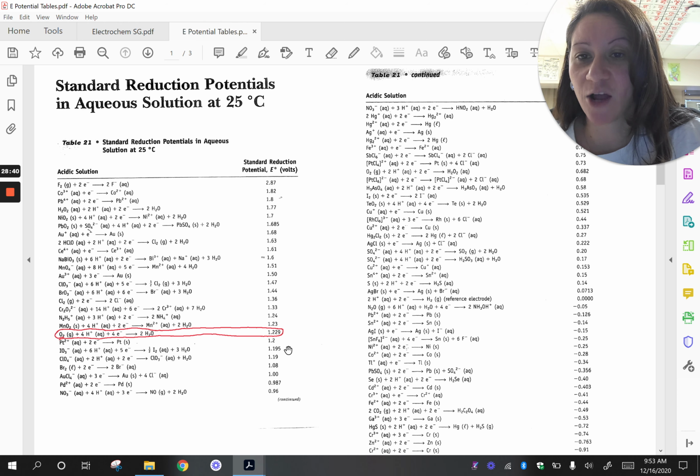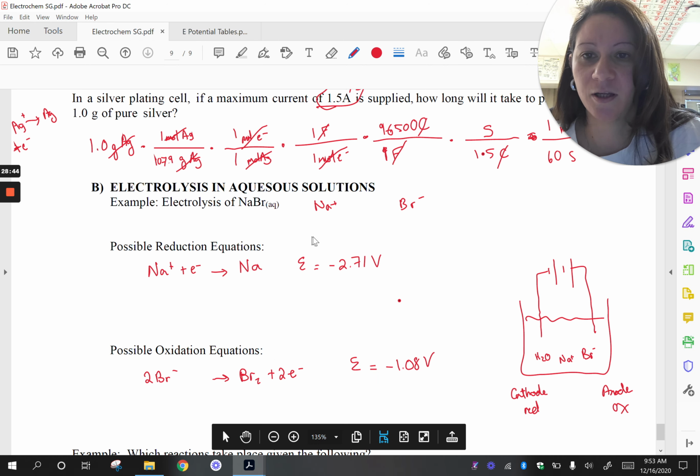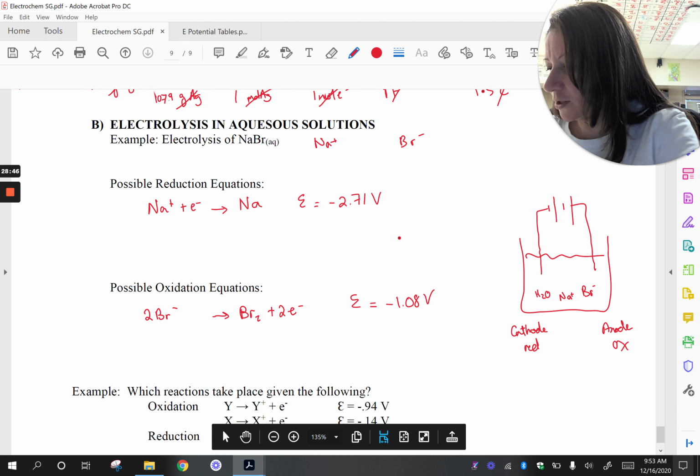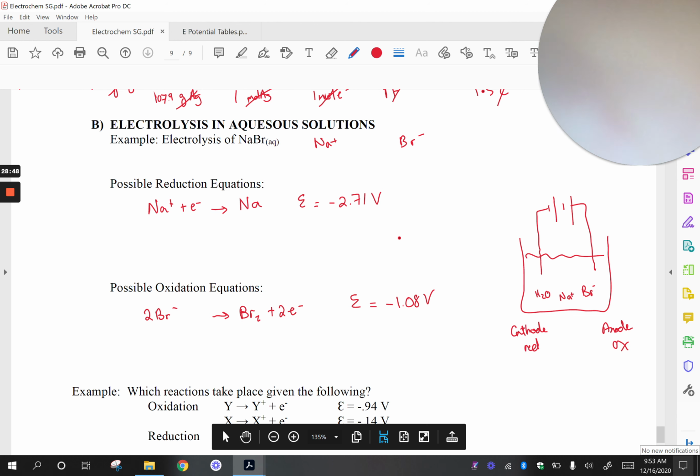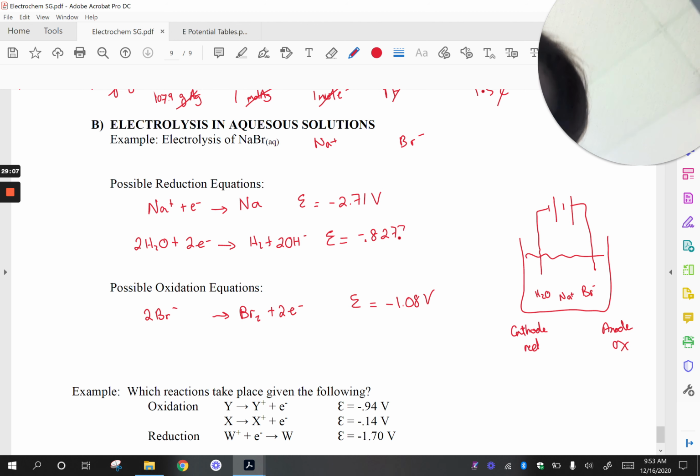So let's write those two equations down in our notes. Let's start with the reduction one. The reduction one was 2H2O plus 2 electrons yields H2 plus 2OH minus. And the potential for that one was -0.8277 volts, I believe.